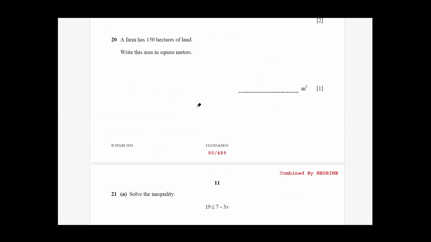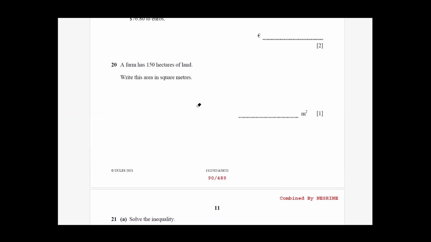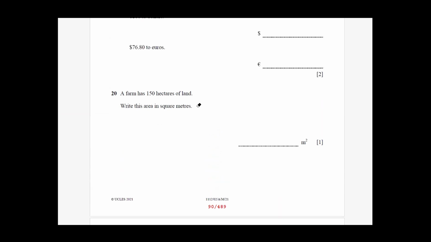Number 20. A farm has 150 hectares of land. Write this area in square meters. Since we know that 1 hectare is equal to 10,000 meter squares, for 150 hectares, this is going to be 150 times 10,000.